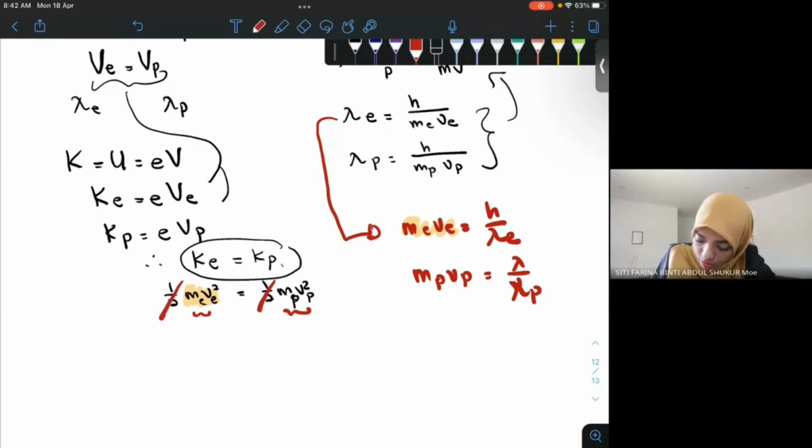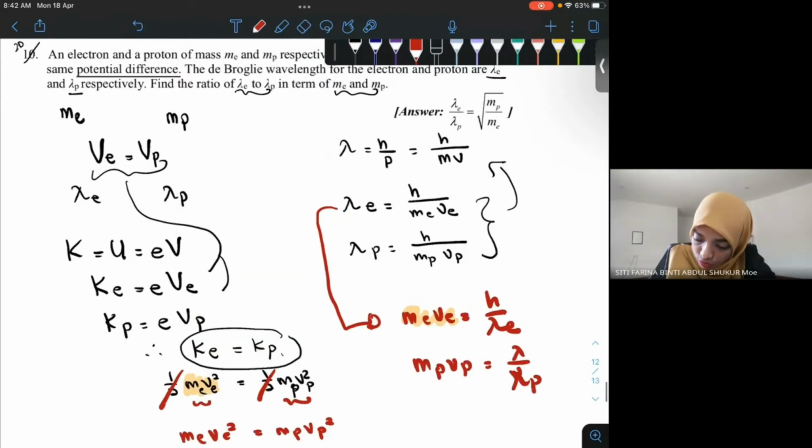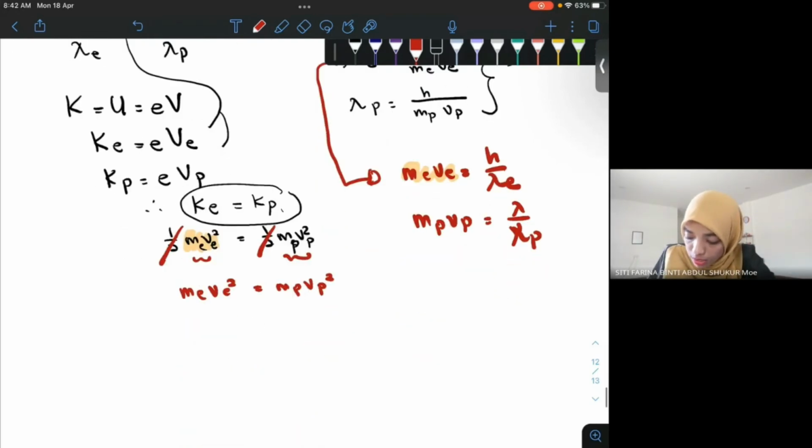So when you cancel, you will end up with MeVe square is equals to MpVp square. Okay, kita nak cari ratio of this one in terms of mass. You have to remember maksudnya term mass tu tak boleh hilang lah. Term mass kena ada dekat sini. Okay, so now you are going to relate these two dekat sini.